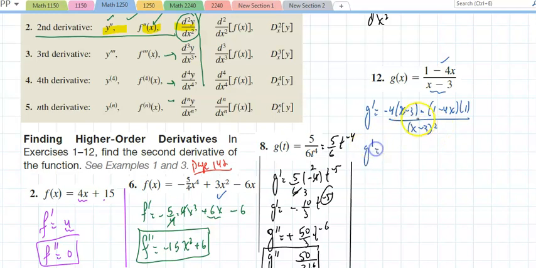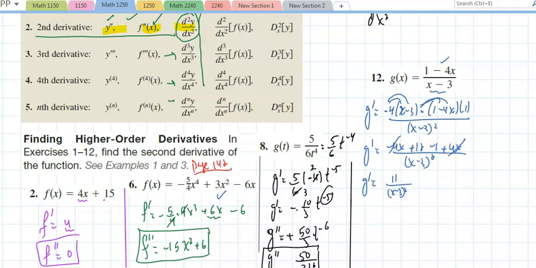So the first derivative is negative 4x plus 12 minus 1 plus 4x all over x minus 3 squared. The first derivative is 11 over x minus 3 squared.